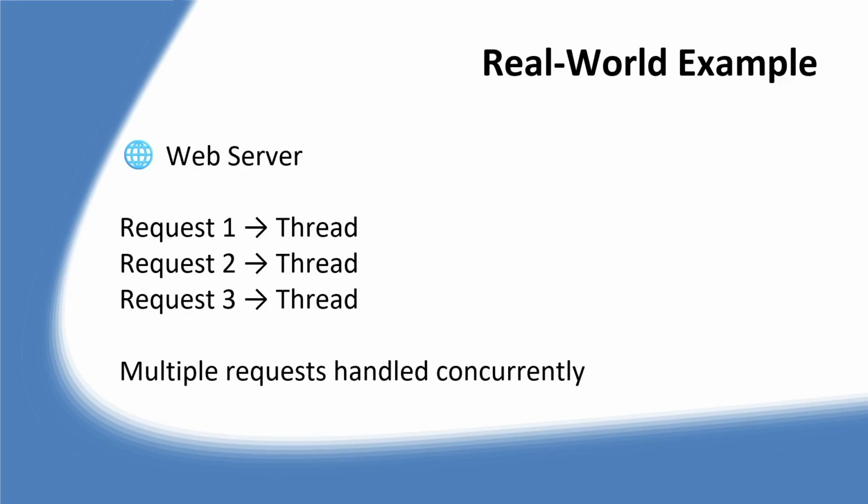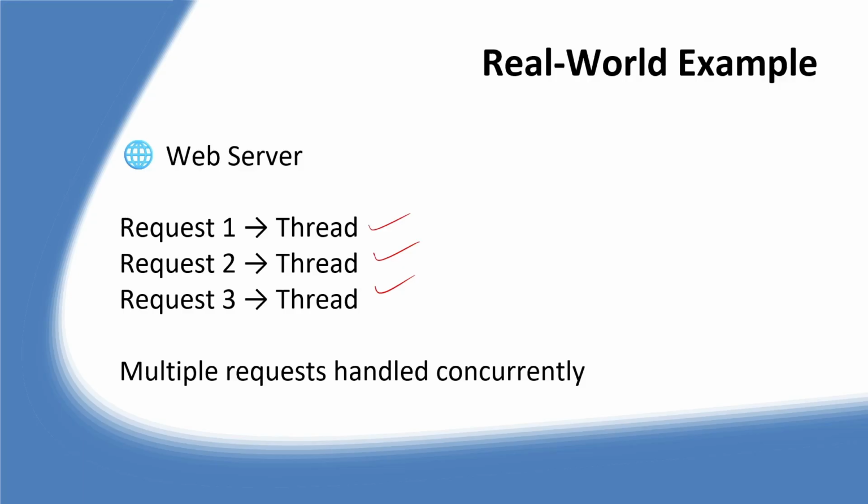So let's say we have a different thread for each request. For request 1 we have a different thread, likewise for 2 and 3. Each thread will be handling those requests.